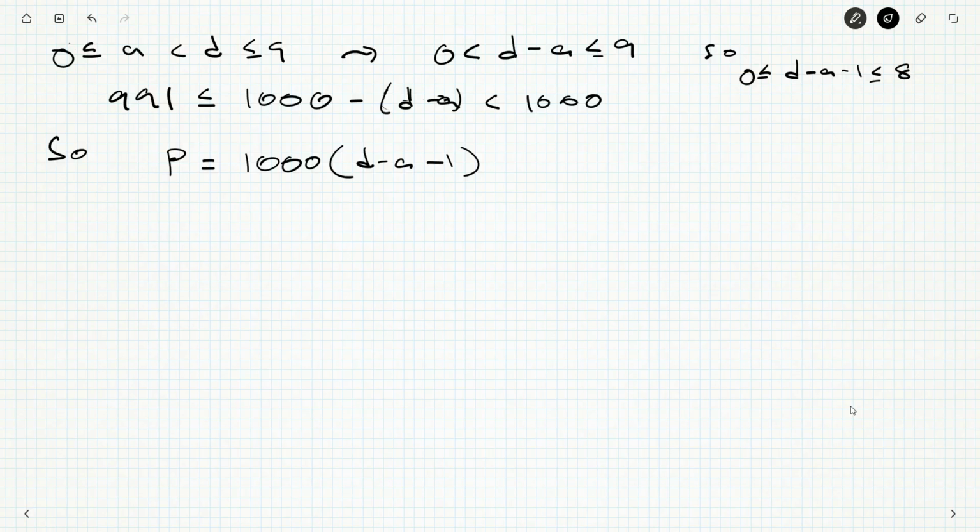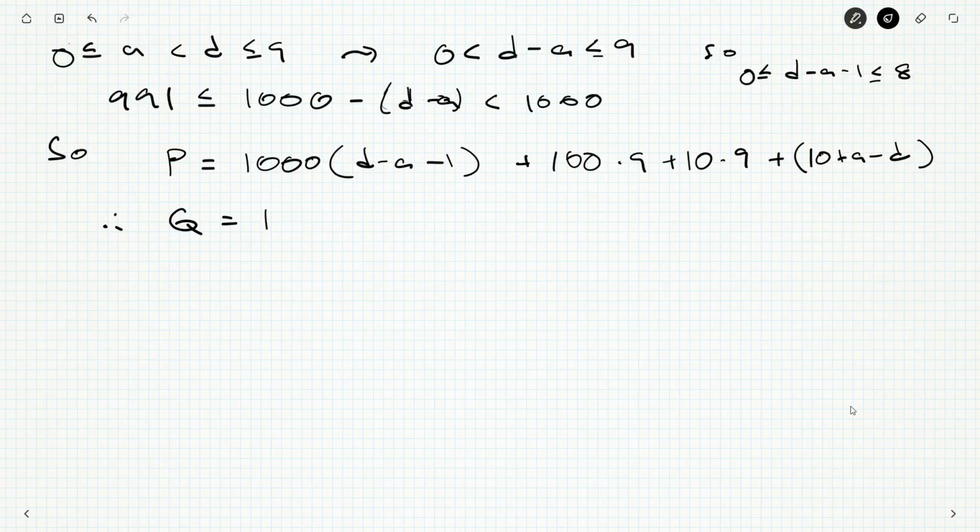Plus 100 times 9 plus 10 times 9 plus 10 plus a minus d. Okay. Therefore, q is going to be, well, just reverse everything. 10 plus a minus d plus 900 plus 90 plus d minus a minus 1.